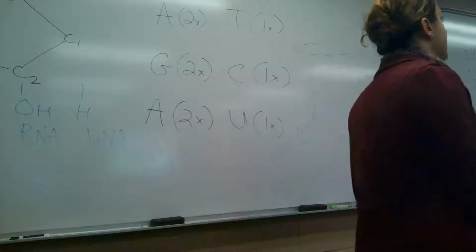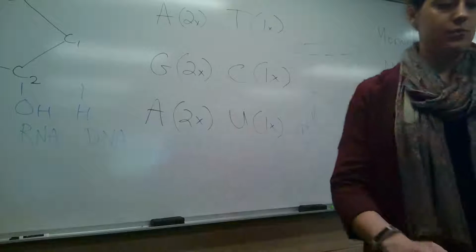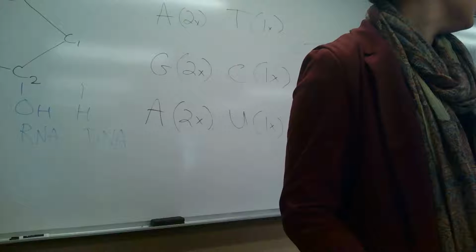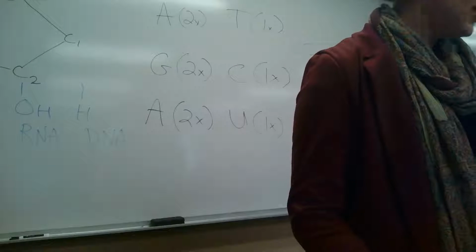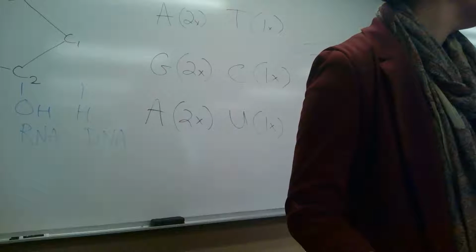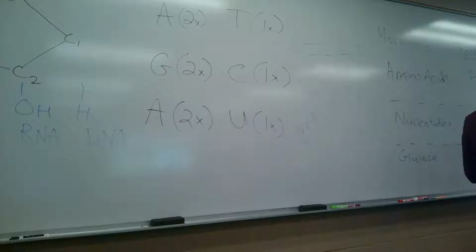And so if we were going to determine whether this is a chain of RNA versus DNA, and we changed the structure of this last night, how do we know that this is a chain of DNA and not RNA?